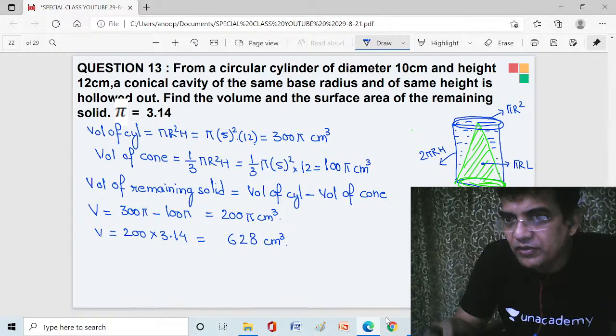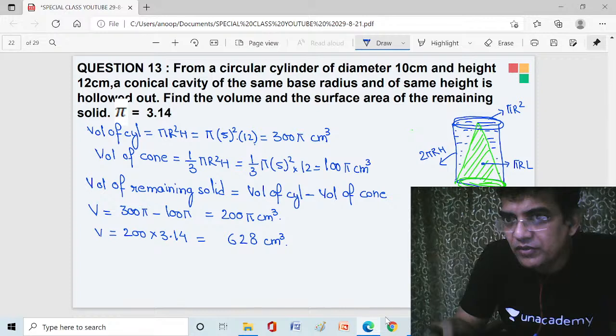I'm not substituting pi here just now. So let pi be as it is. How much is the radius? Radius is 5. So pi into 5 outside the bracket. Inside the bracket it is 2h, so 2 into 12 plus r, that is 5, plus l, that is 13.